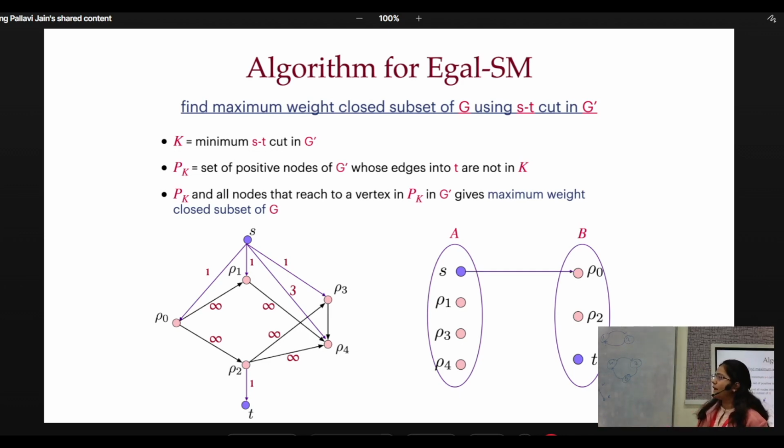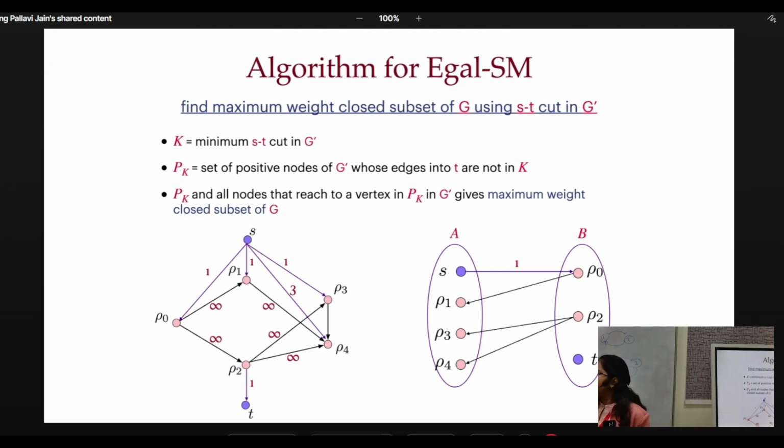From S you have rho naught, from rho naught you have rho 1, but will this edge contribute to the cut? No. Rho 2 rho 3 will also not contribute, because the contribution is only from the edges that go from A to B. We have rho 2 to rho 4, it will not contribute. So the value of the cut here is 1.